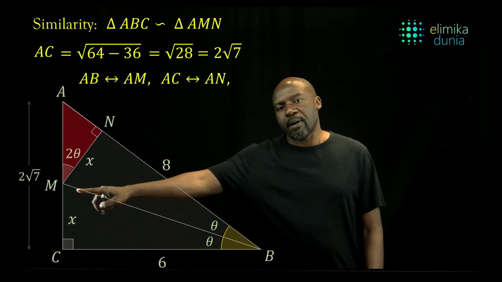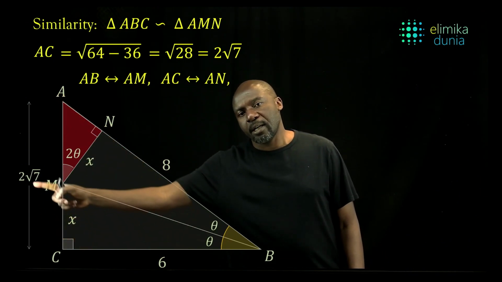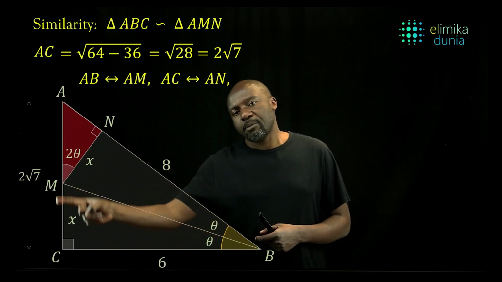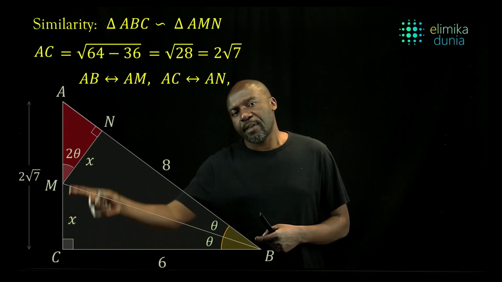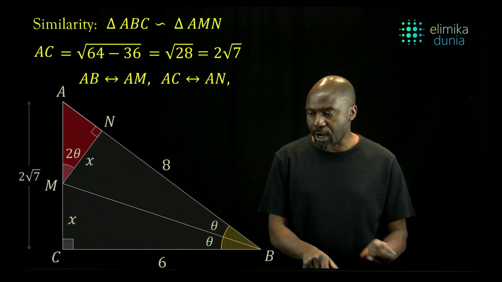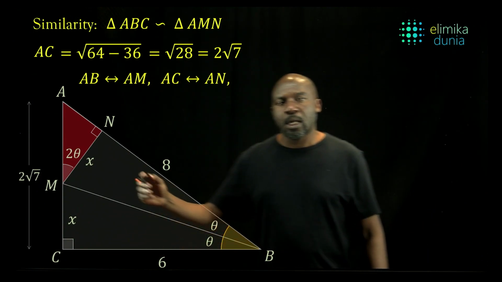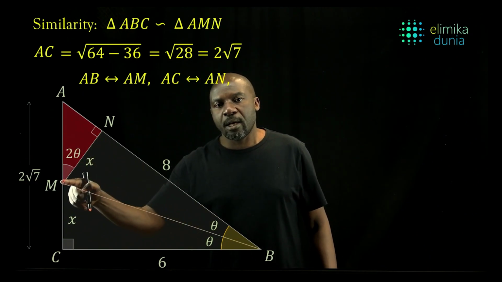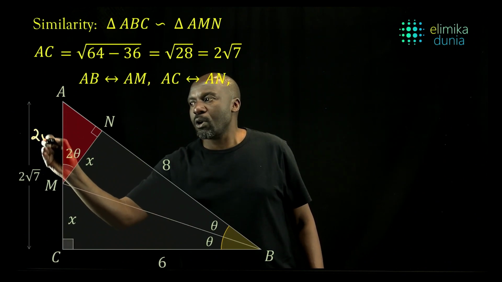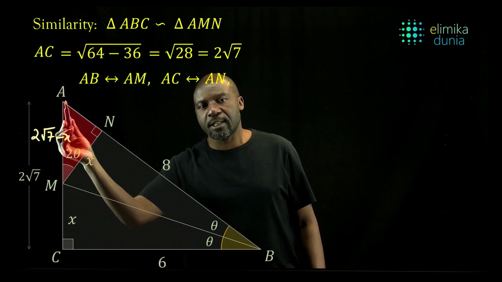Looking at this diagram here, we can see that if the distance AC is 2 root 7 as we had calculated earlier, and MC is x, then AM must be 2 root 7 minus x. This must be this distance here.